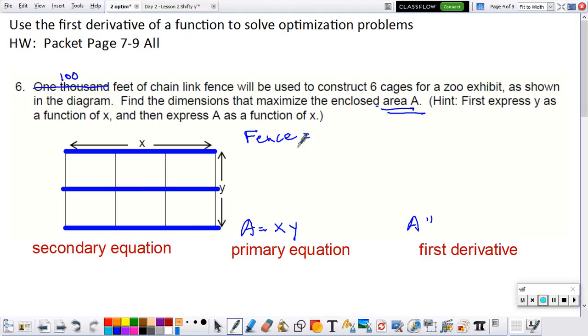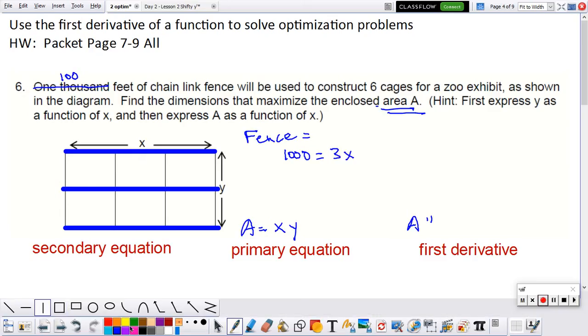So we have 1,000 is going to be 3x, and then we've got 4y, because look, we've got 1, 2, 3, 4 pieces that are this length.